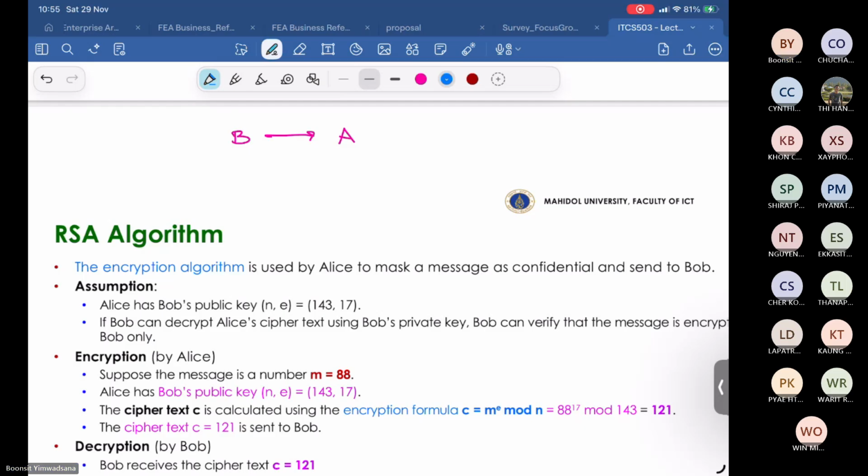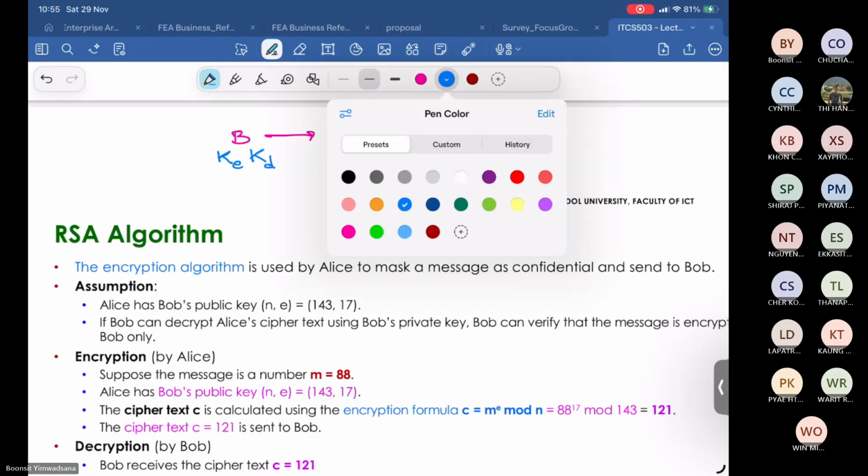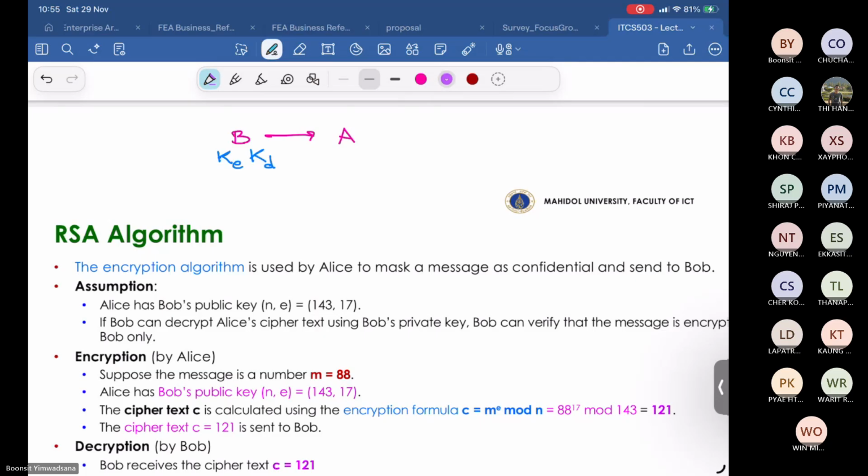So Bob will generate two keys. One, the public key, and two, the private key. Since both Bob and Alice have to work with each other, but they don't know each other before, Bob will provide Alice with the key that he wants to use.